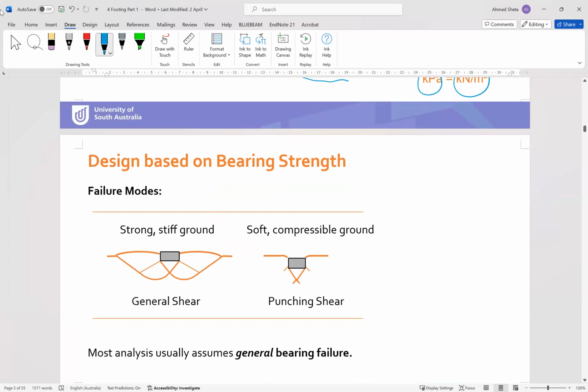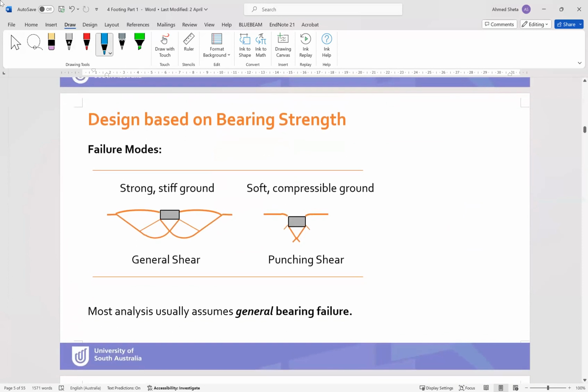Okay, and now here is an explanation of the failure modes of soil when designing using the bearing strength procedure. The failure modes are general shear failure or punching shear failure.